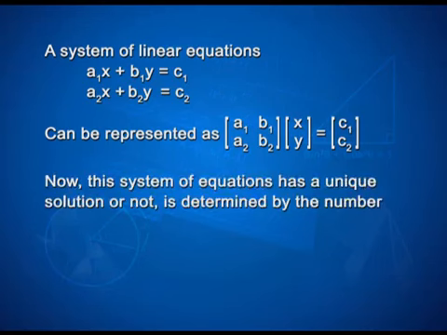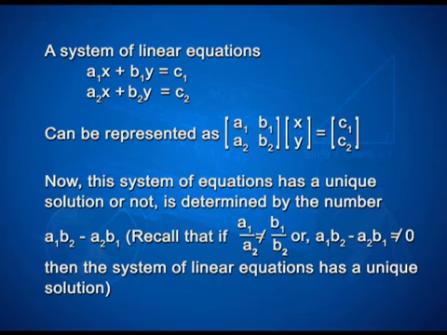Now, whether this system of equations has a unique solution or not is determined by the number a1 b2 minus a2 b1. Recall that if a1 upon a2 is not equal to b1 upon b2, or a1 b2 minus a2 b1 is not equal to 0, then the system of linear equations has a unique solution.